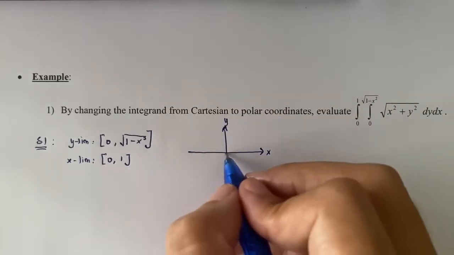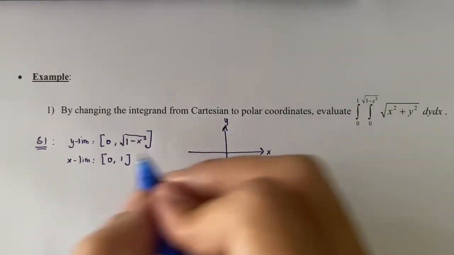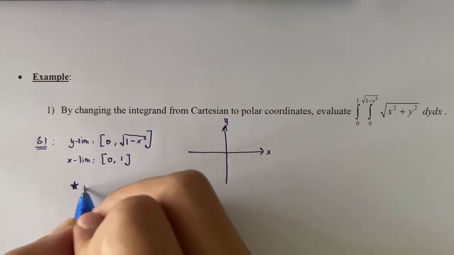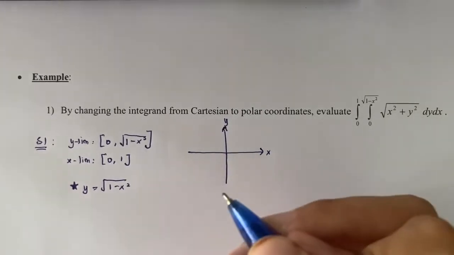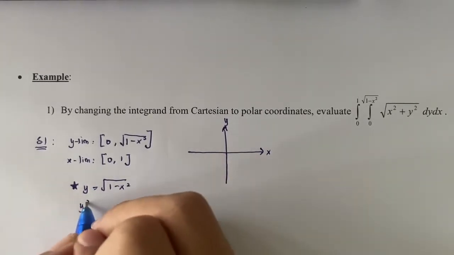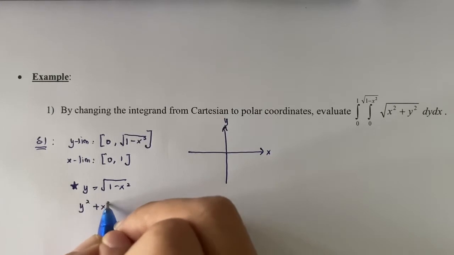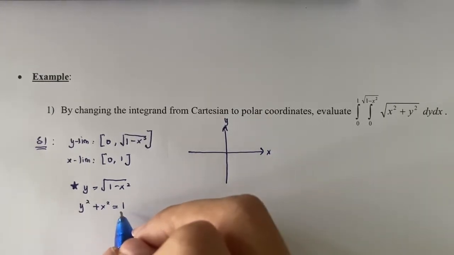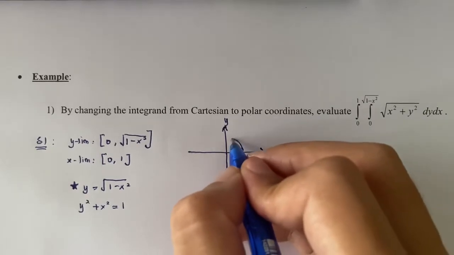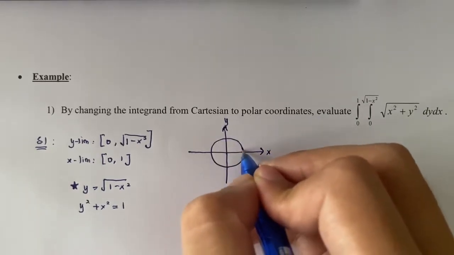For y, you have y equal to square root of 1 minus x square. Again, this is y square plus x square equal to 1, which is a circle with radius 1.